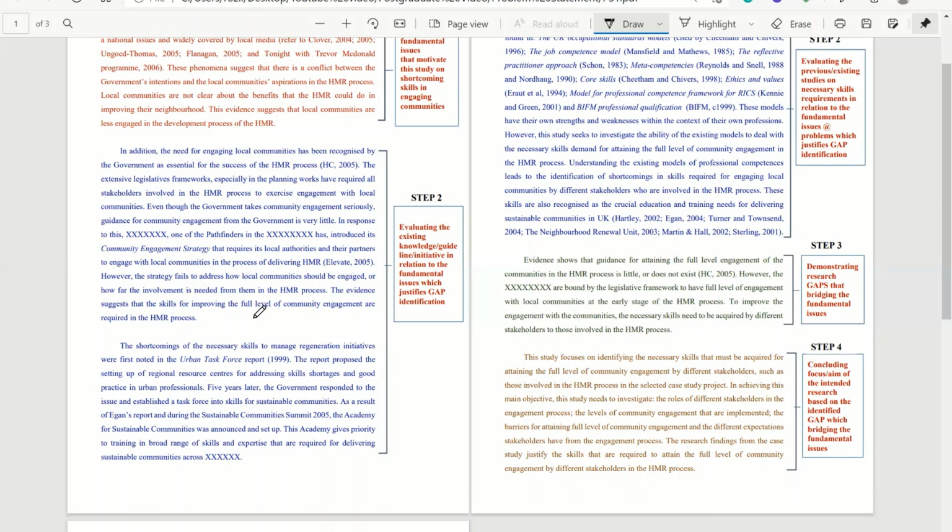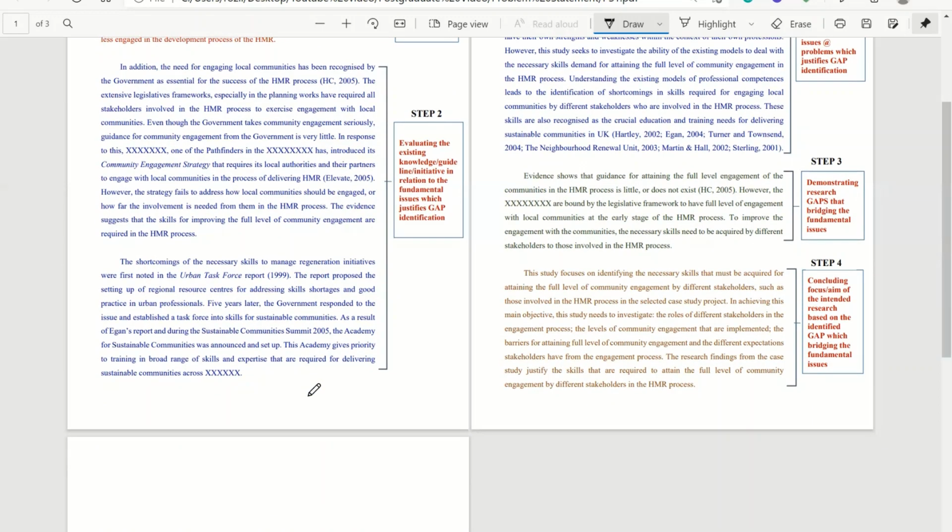Okay, so now we go to the third paragraph. The third paragraph is actually more about strengthening and supporting the second paragraph. The researcher tries to support the second paragraph again by giving additional information about the shortcoming of the necessary skills to manage regeneration initiatives, which were first noted in the report.